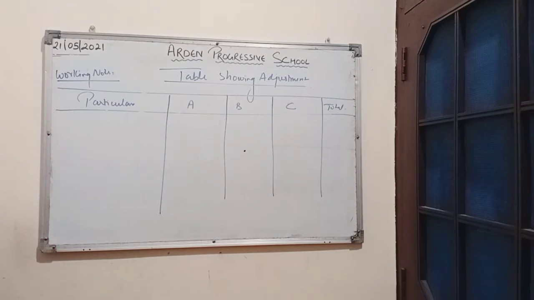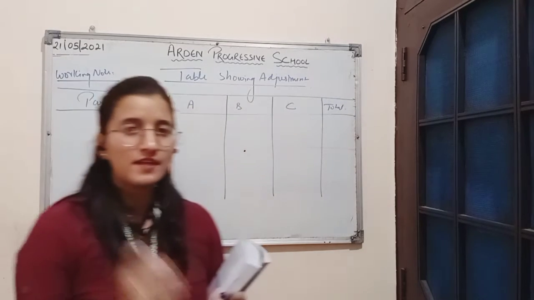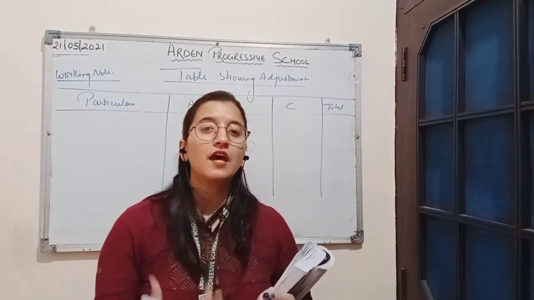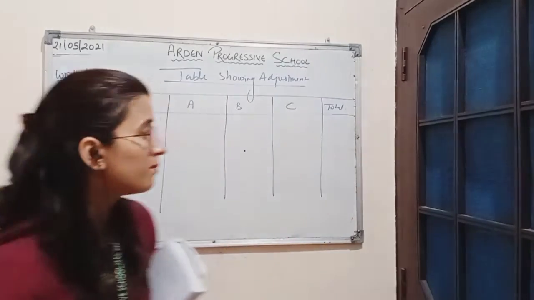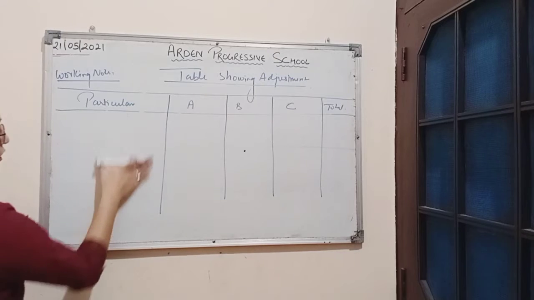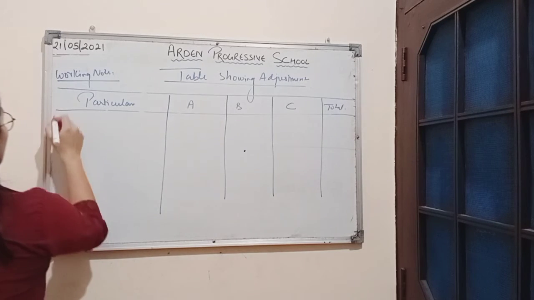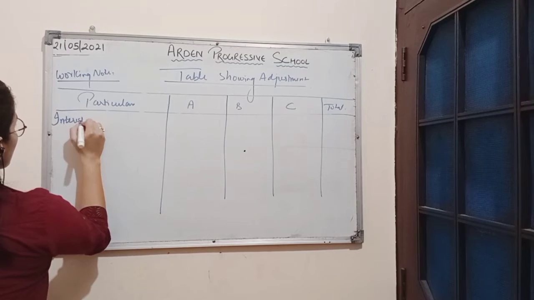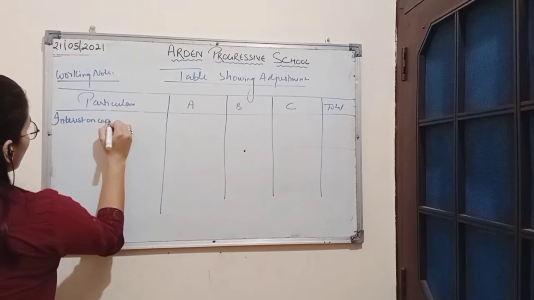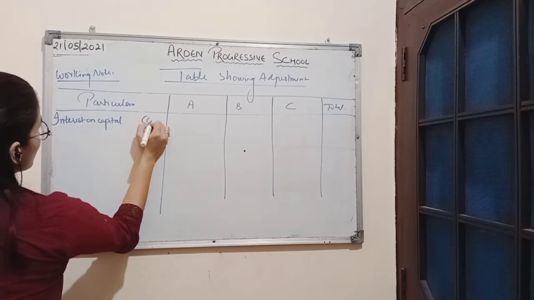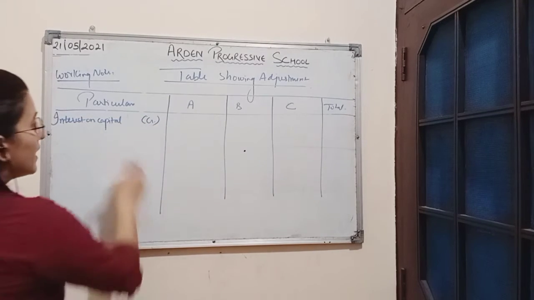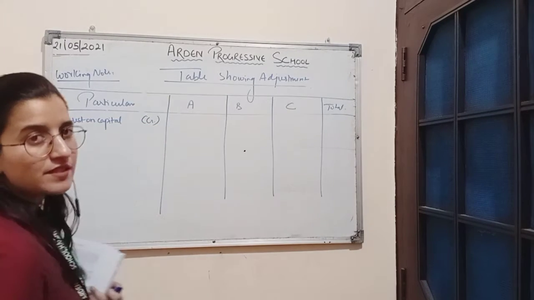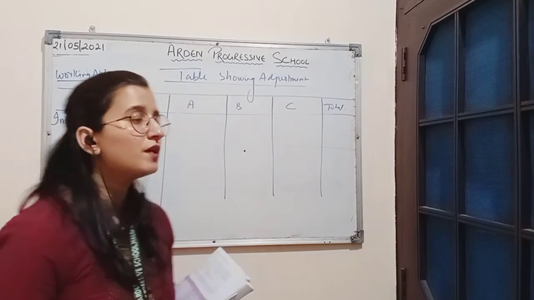Now here, let's record all the transactions which are items of income to the partners. So first we will be recording all the credit items. Credit items will be, first is interest on capital. This will be credited. Why? Because interest on capital increases the capital balances of the partners.